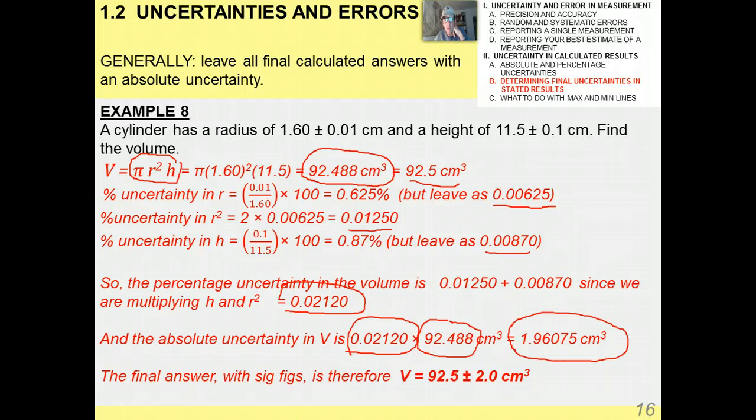Had I multiplied it by 100 and kept it as 0.625, I would have to then divide this by 100 anyway. So why not just leave it as 0.02120 and 0.00625 and so forth? So the final answer with sig figs is therefore 92.5 plus or minus 2, where I'm using one non-zero digit in my uncertainty. Okay, so again, pause this, go back, rewind it. Make sure that you understand what I'm doing here, because this is super important. It's your first real example of doing all this stuff.